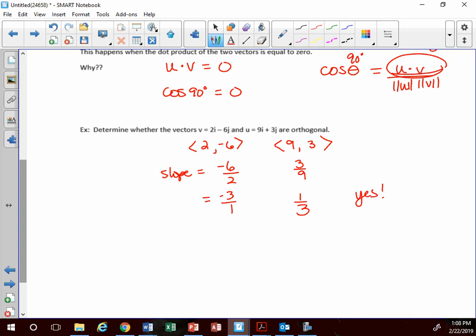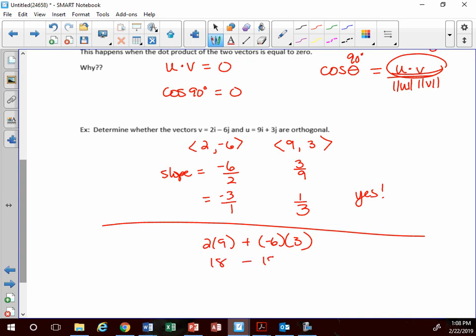And again, you can explain that by talking about the dot product equaling 0. We can show it that way. I did 2 times 9 plus -6 times 3. So u dot v does equal 0. Or you can talk about the slopes being opposite reciprocals.